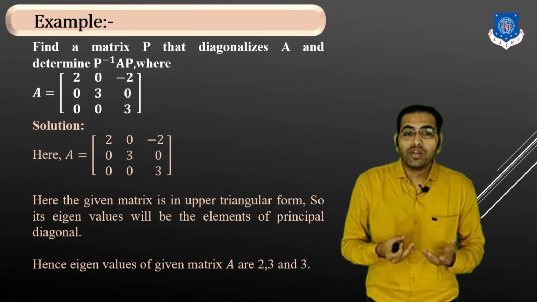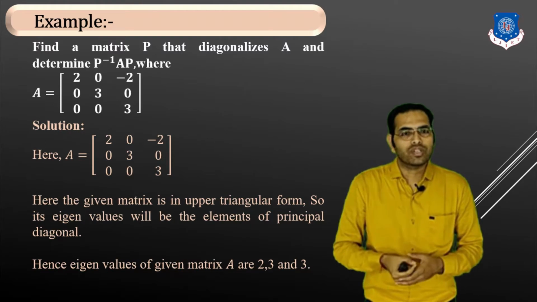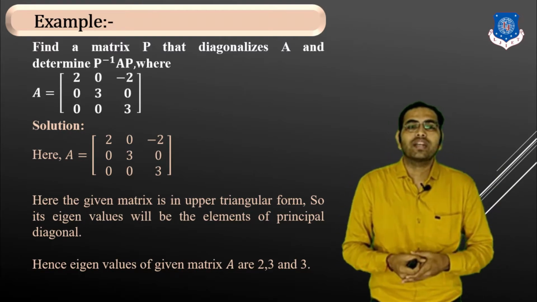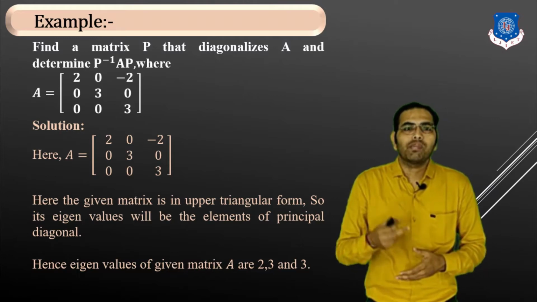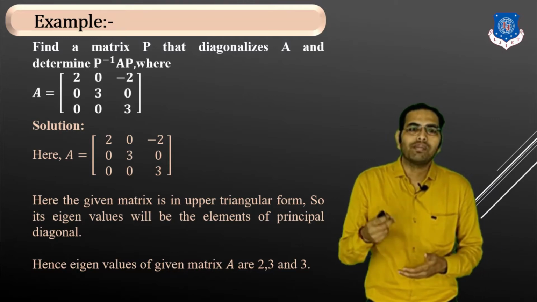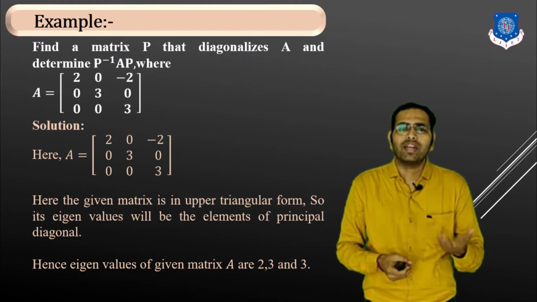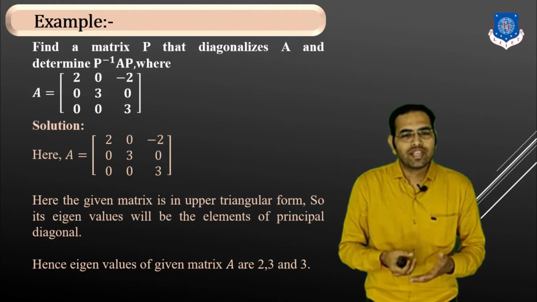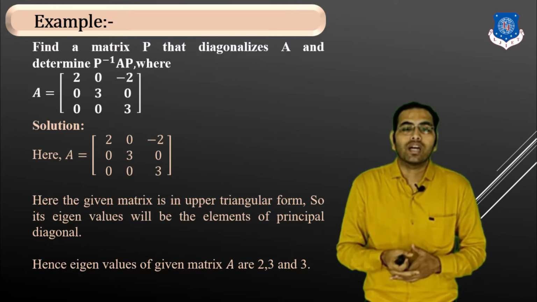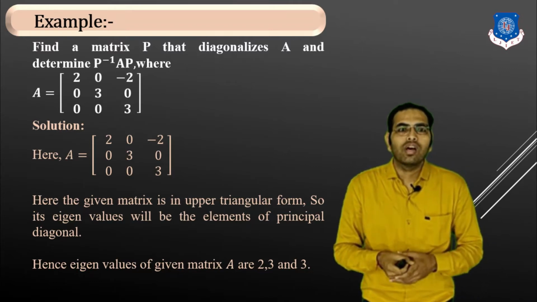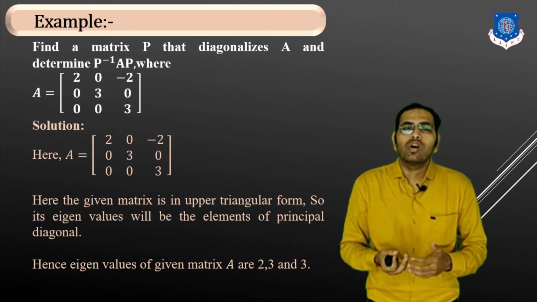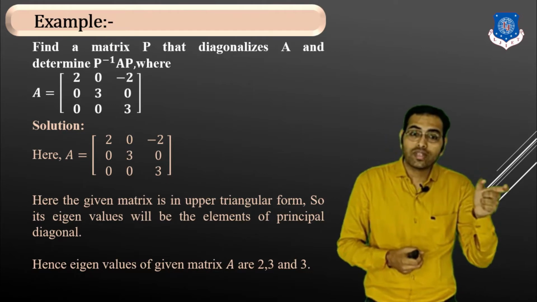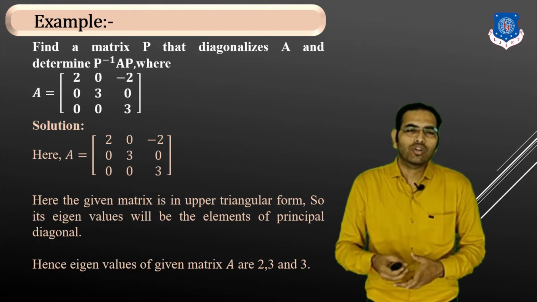Suppose we don't know this property of eigenvalues, then we can find the eigenvalues with the help of the characteristic equation, lambda cube minus s1 lambda square plus s2 lambda minus s3 equals 0. Find the values of s1, s2, s3, substitute them in this equation and factorize with the help of the remainder theorem, term adjustment method or division method, and we get the same eigenvalues, that is 2, 3, 3.